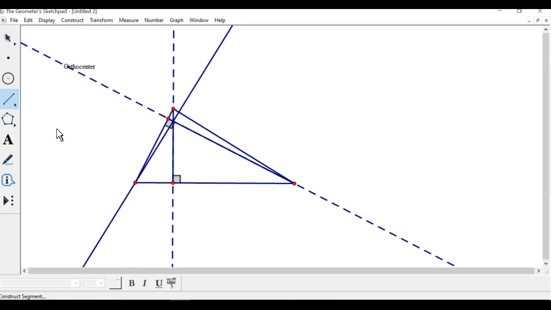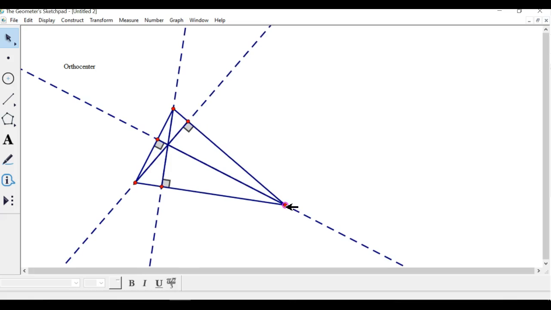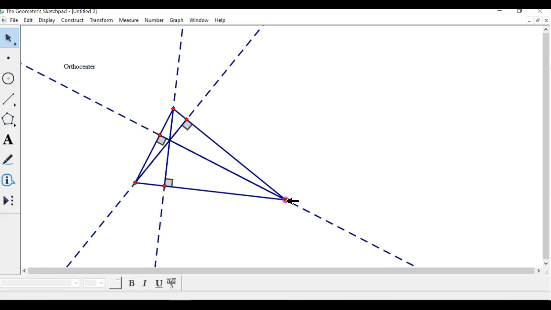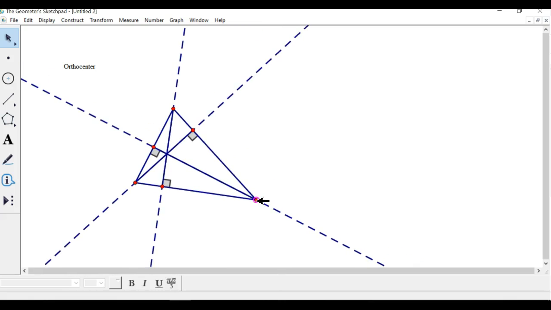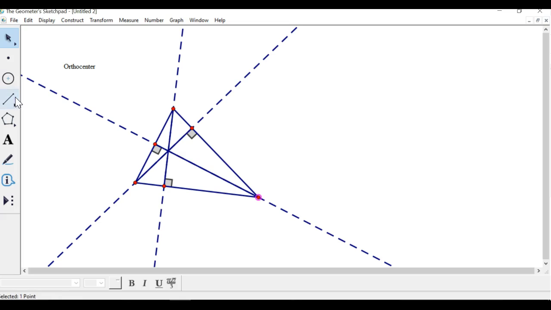And that one right there is the third altitude. Now, it's kind of bunched up there a little bit, so maybe we'll move the triangle a bit so you can see this a little better. There we go. And you can see that these three lines are all intersecting at a single point. And that point is what we call the orthocenter.